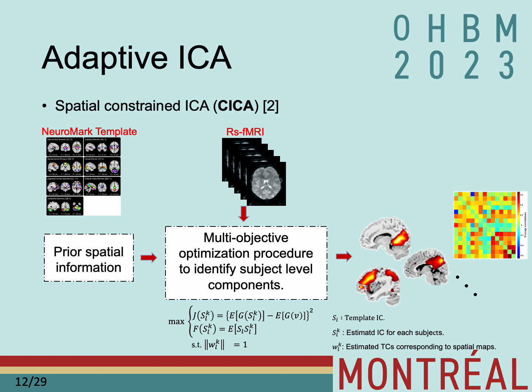All this procedure occurs during a multi-objective procedure. There are two objectives. First, maximizing the similarity of the spatial maps to the template, and second, maximizing the independence of the spatial map with respect to a Gaussian variable.